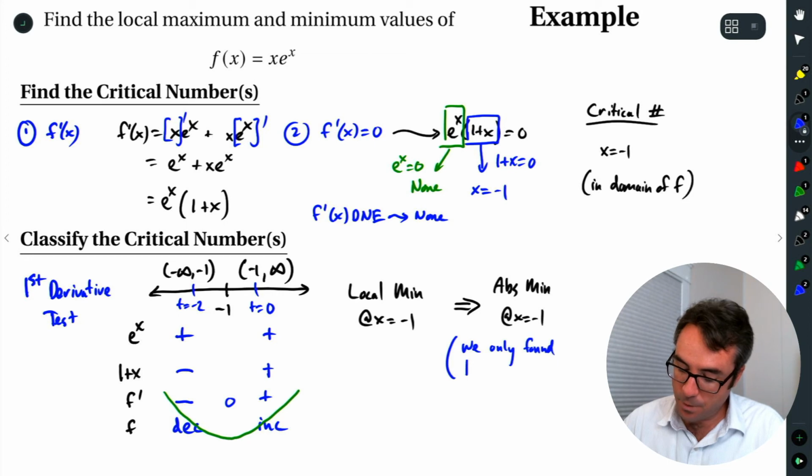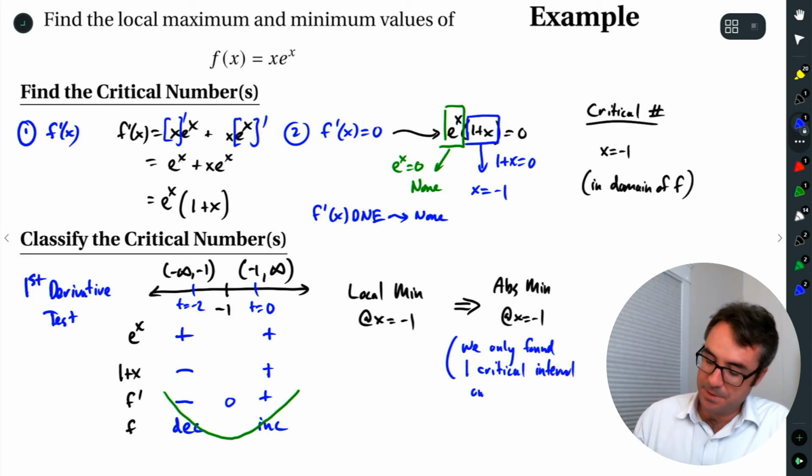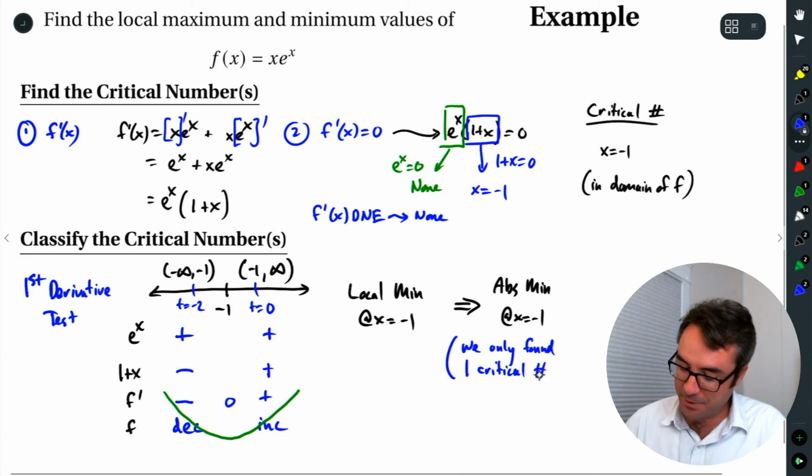So we only found one critical number on that interval. Critical number, not critical interval, critical number on the interval from -infinity to infinity.